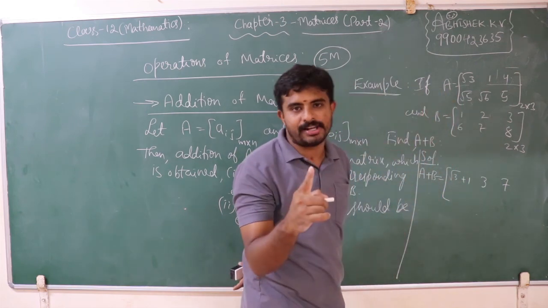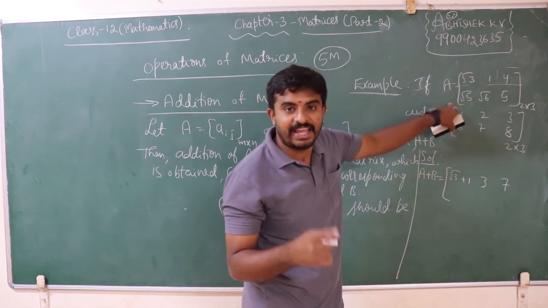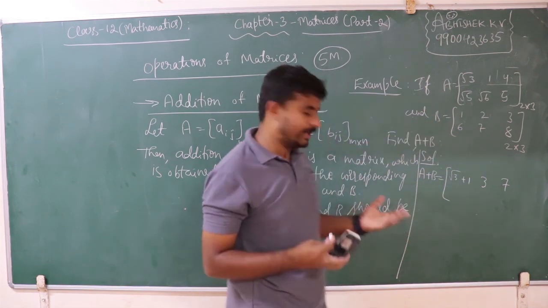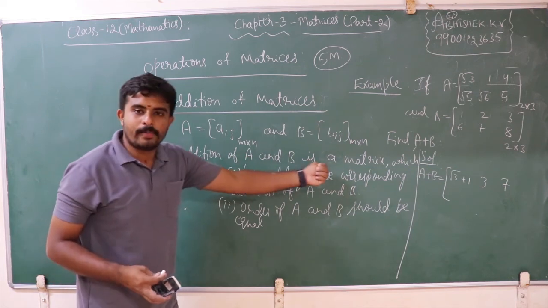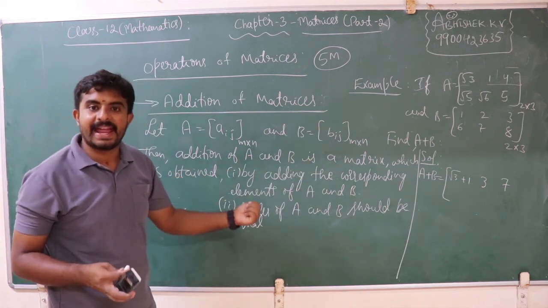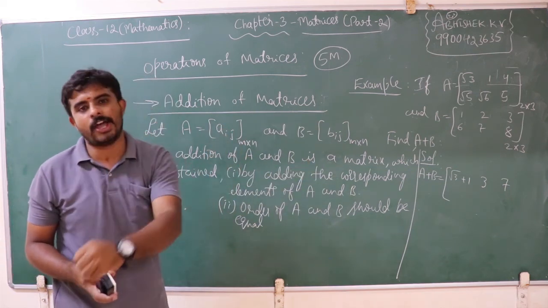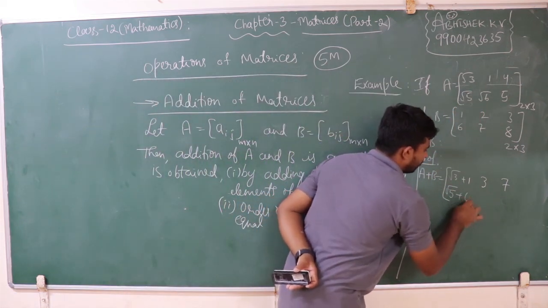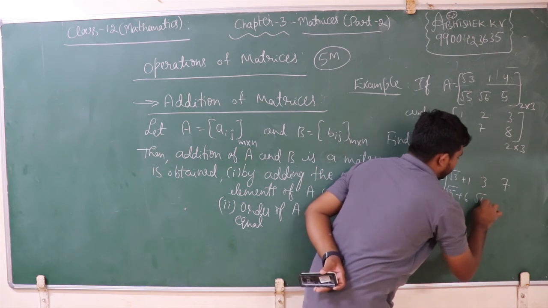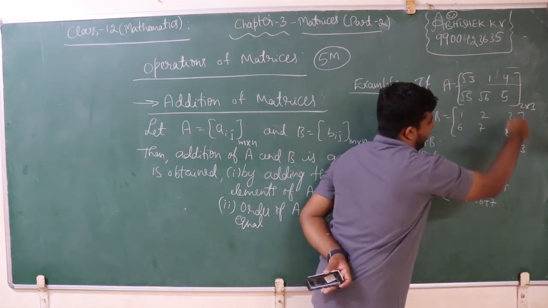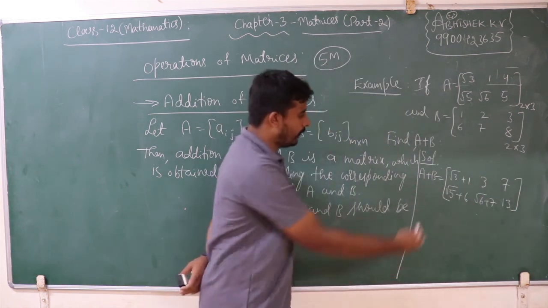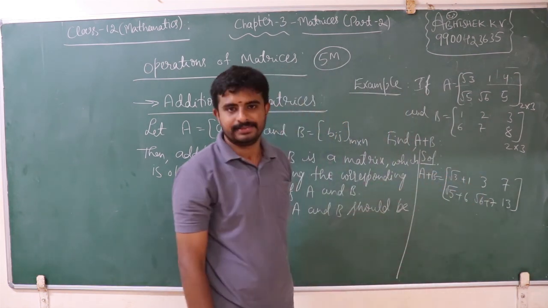The second row, first column element of matrix A should be added with the second row, first column element of matrix B. That's why the addition of two matrices A and B is obtained by adding the corresponding elements of A and B. Therefore, root 5 plus 6, root 6 plus 7, 5 plus 8, 13. Therefore, A plus B is nothing but this.